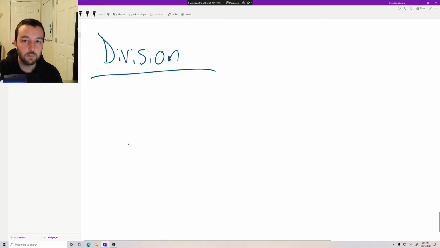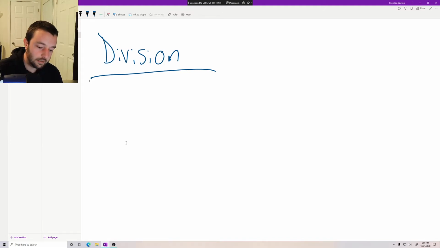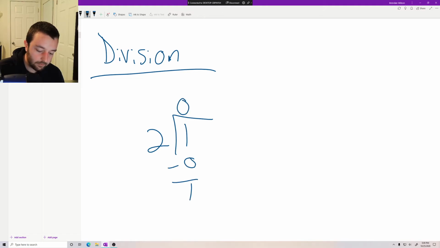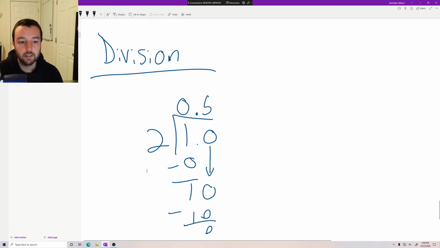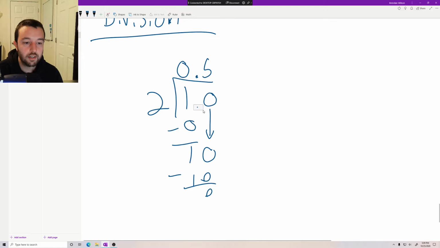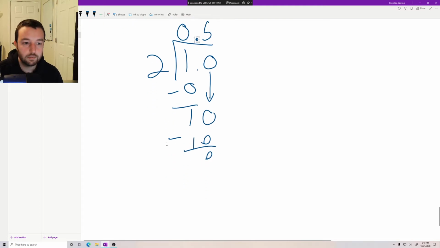Where we added a decimal place into the top number, right? Like when we were doing 1 divided by 2, say, we said 2 goes into 1 0 times, and then we added a decimal place to keep it going. And we did that, we put a decimal in the answer also. And we had 2 goes into 10 5 times, and we were done, right? So this is kind of what we want to do here. We just have to make sure that the decimal place in this number and the decimal place in the answer line up. Okay.